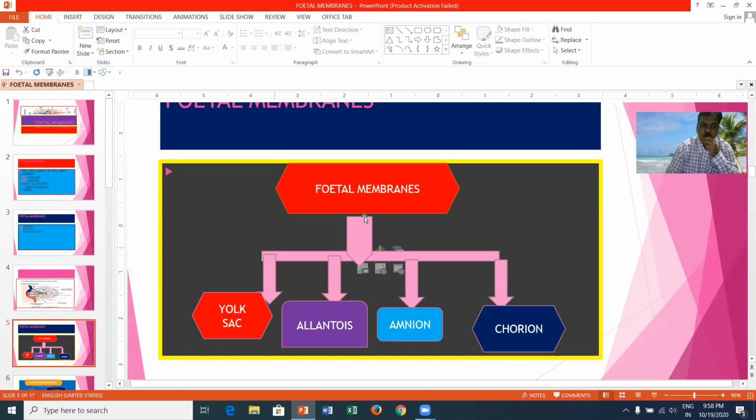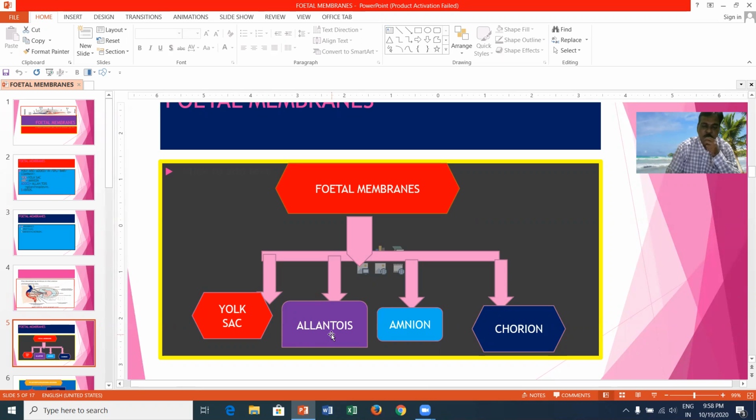The fetal membranes are four types: yolk sac, allantois, amnion, and chorion. Yolk sac gives nutrition to the growing embryo.